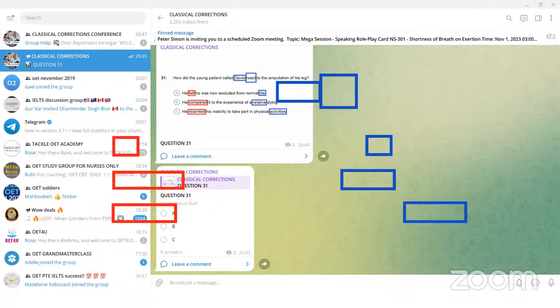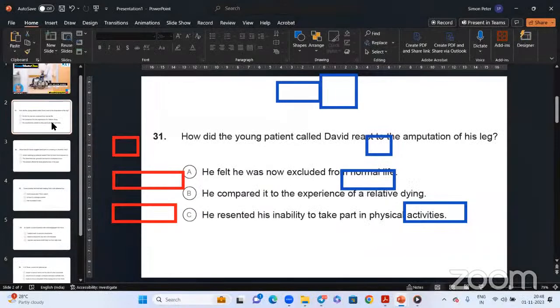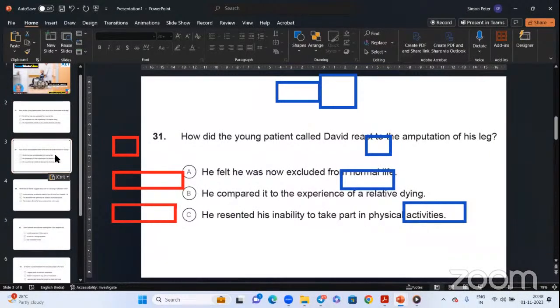Good. Now let us see how this question relates. A comparative study. Okay, for making a comparative study.